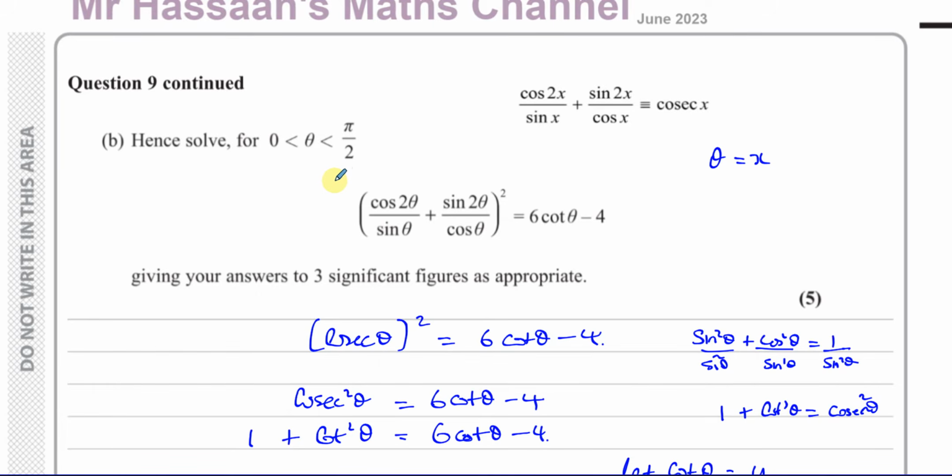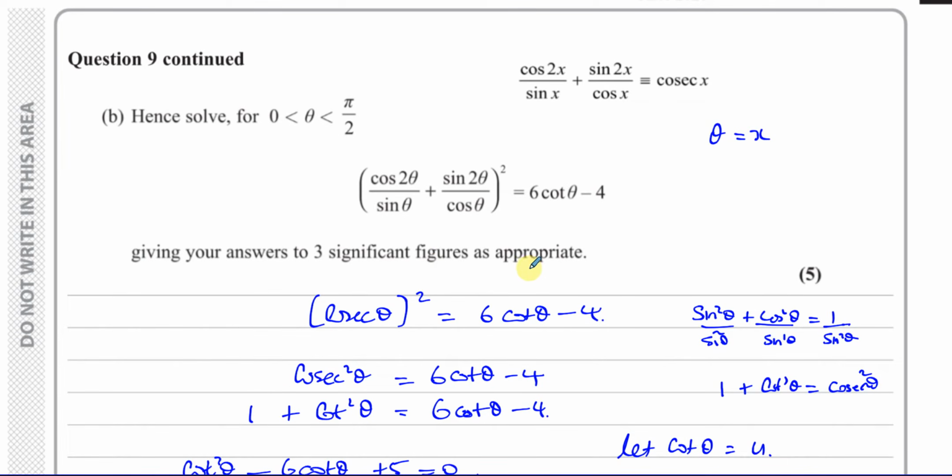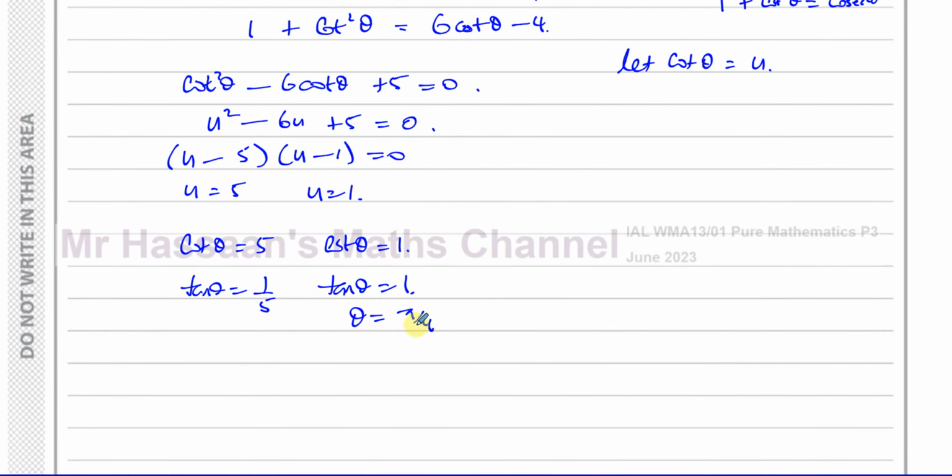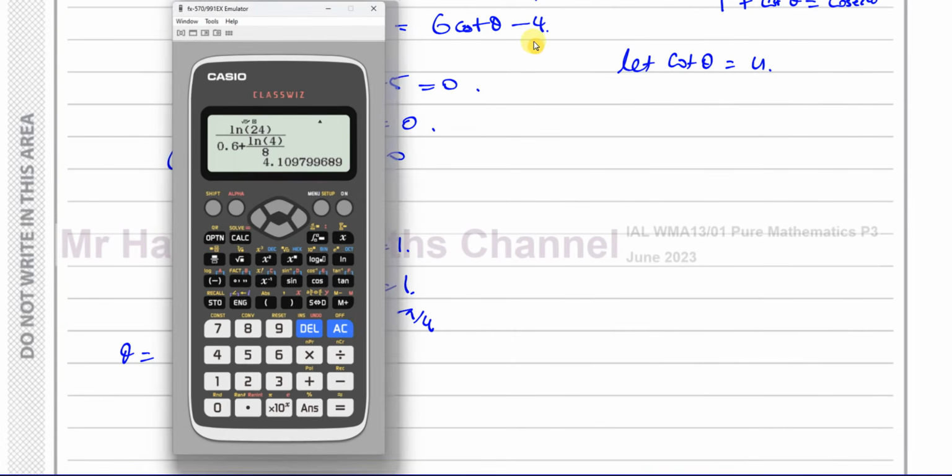It says give your answer to 3SF as appropriate. Well, this one is not really appropriate for 3SF. It's an exact value, so you can leave that as it is. But this one, theta equals inverse tan of 1/5, is going to be something which I think we will have to write to 3SF.